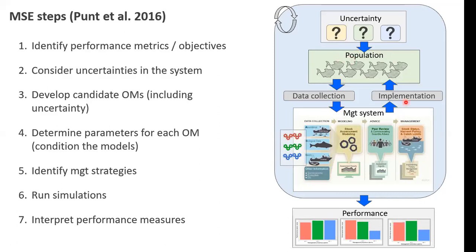Then we have this feedback system with data generation, a data collection submodel, and an implementation submodel, which provides the feedback between the population and the management system, and then any different management procedures that we might be testing, which we can then compare using the performance metrics that we've identified.